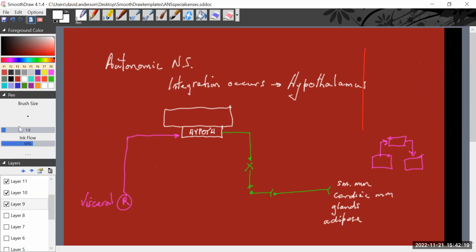If we followed our somatic pathway, it's going to go to the cortex. And when it leaves, it descends down, crosses at the medulla oblongata, usually, and then synapses in the spinal cord.